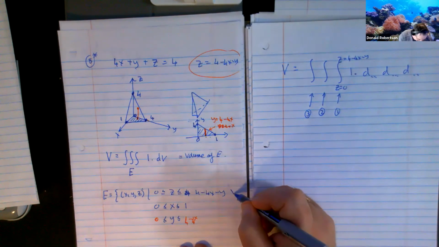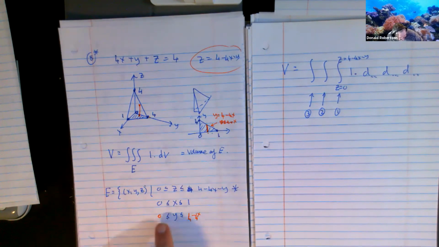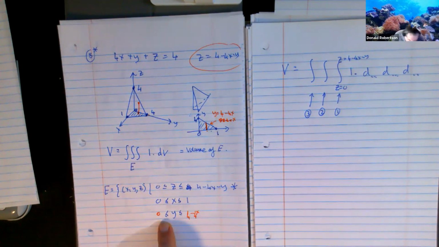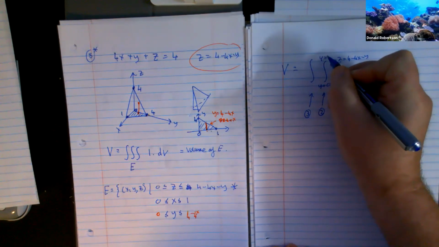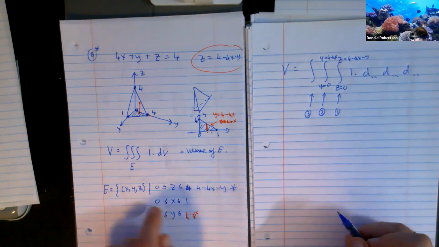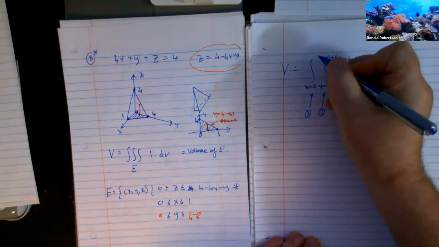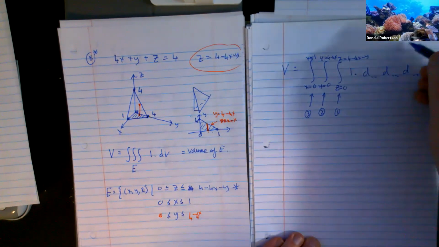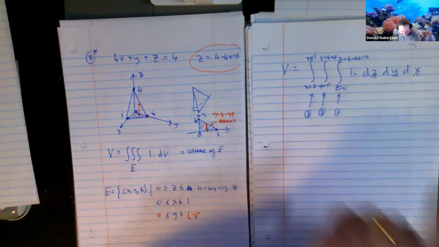Would you agree that the middle one has to be the y's because it has x's in it? So the middle one is y equals 0 to 4 minus 4x. And the last one, number 3, is the x's from x equals 0 to x equals 1. And z, y, x is the order that we did that.